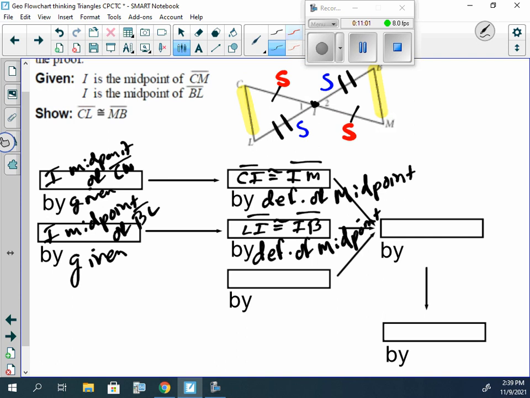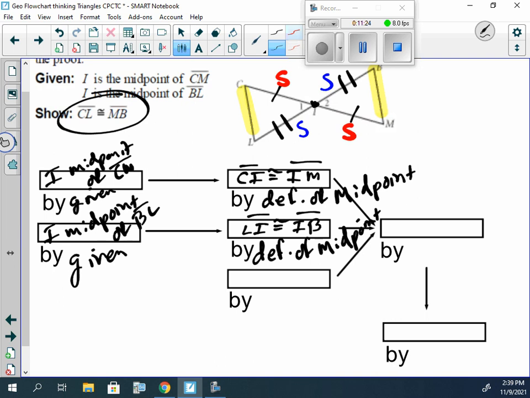Well, so far, we do have two sets of congruent sides, yes? Now, we wouldn't need to find another set of congruent sides because if we knew that we had three sets of congruent sides, we wouldn't need to do this at all. Because what are we trying to prove? So we're looking for a set of congruent angles.